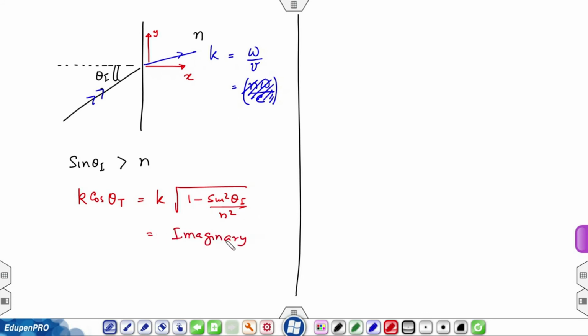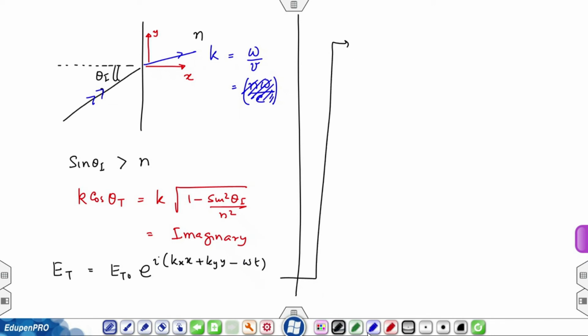And that means, when I write the transmitted wave, this is going to be E t 0 e raised to i (k x x plus k y y minus omega t). K x is purely imaginary, and therefore, you end up getting E t 0 e raised to minus mod k x times x, e raised to i (k y y minus omega t).